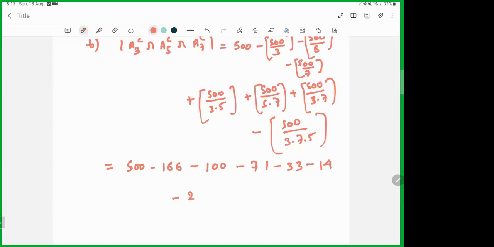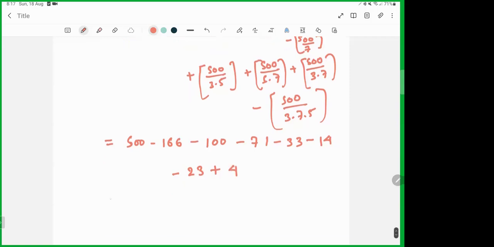So what is this number? Are they the same or not? 500 minus 166 minus 100 minus 71 minus 33 minus 14 minus 23 plus 4.